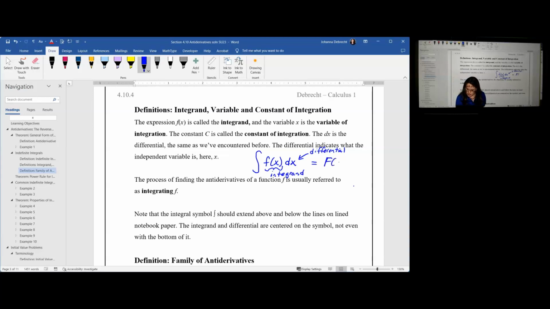We know that the uppercase function F of x is one of the antiderivatives, typically the one where the constant is 0, and the plus c is called the constant of integration. This process of finding the antiderivative function is called integrating the integrand function lowercase f.